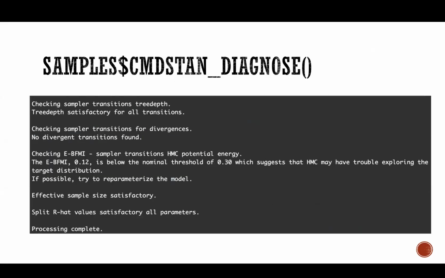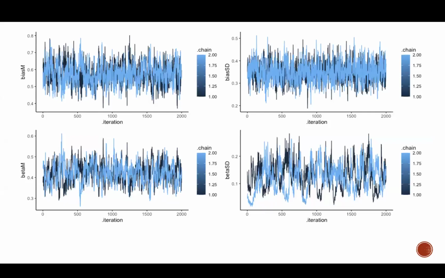Indeed, right, we do the diagnose and it tells us exactly the same thing. We look at the chains and we see that at the very least, the chain of the beta standard deviation is not a hairy caterpillar. The sampling of the posterior space is very autocorrelated, meaning that where I am at step 1 determines where I am at step 2.